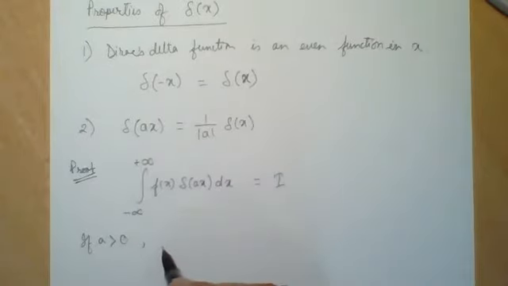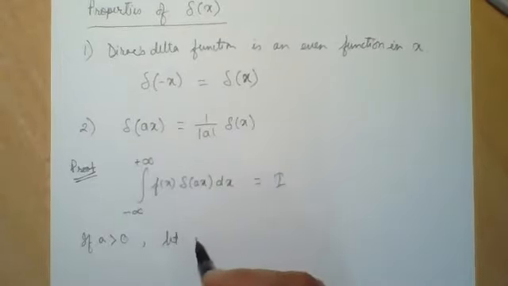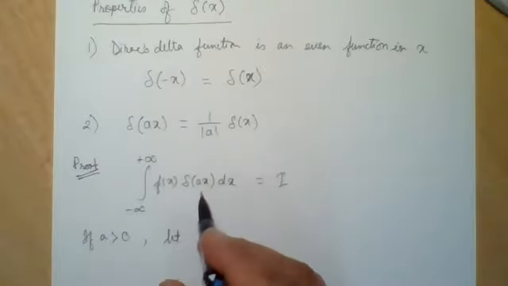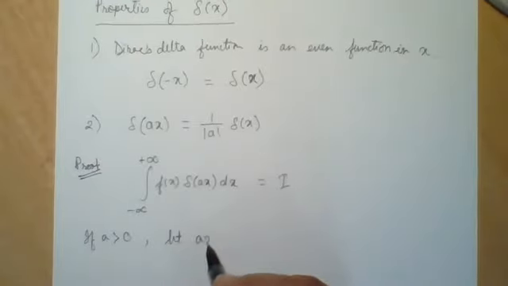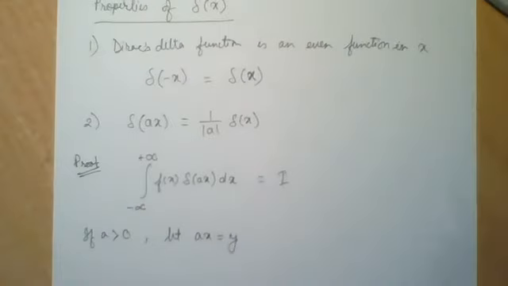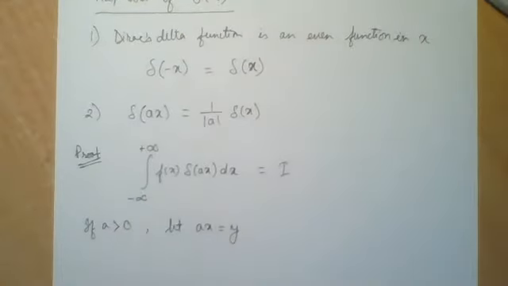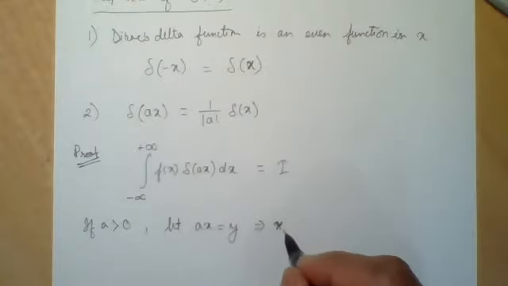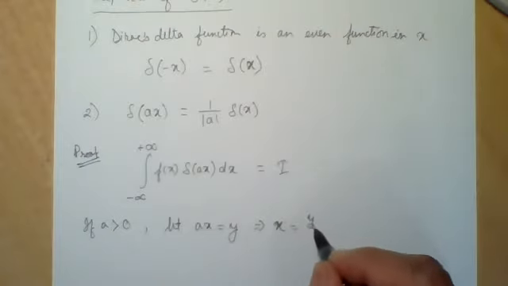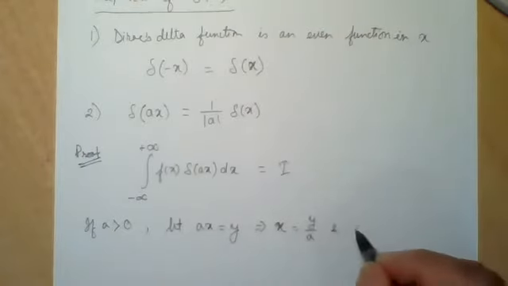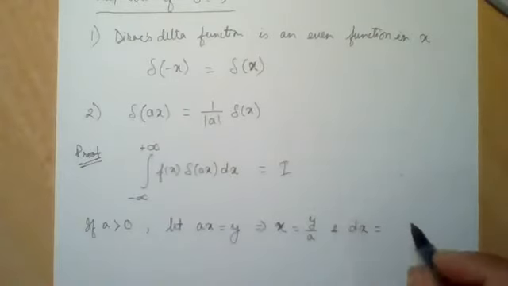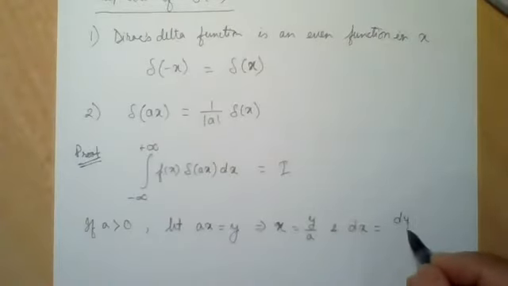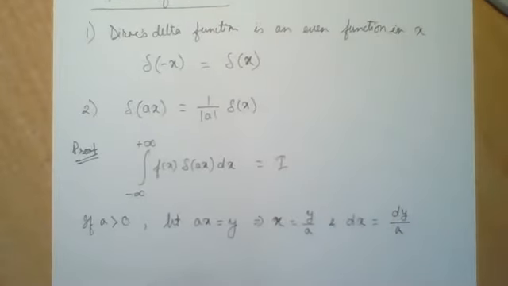Let ax equal to y. Then this implies x equal to y by a, and dx is equal to dy by a.